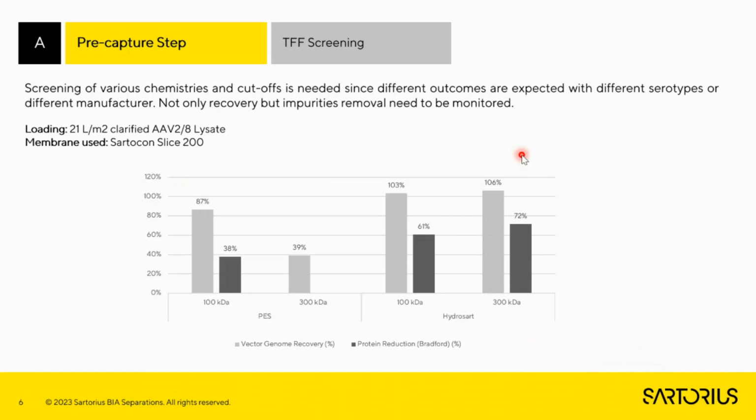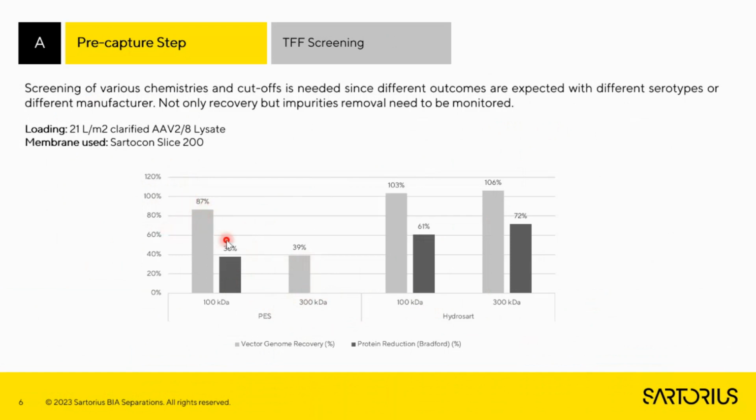And here, again, on the AAV28 lysate, we screened two different chemistries, the PS and the Hydrosart, and we were observing the total vector genome recovery by PCR and the protein reduction by Bradford. In case of PS, we see that we are losing some of the vector at the 300 kilodalton mark, so we have approximately 60% of vector in the flow-through.